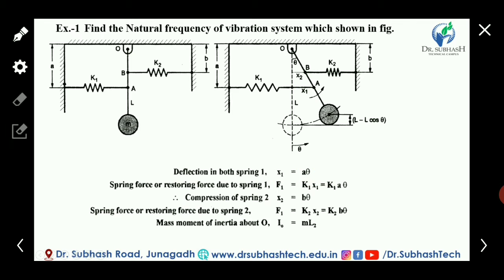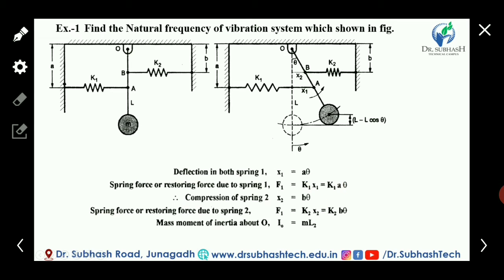Okay, now the spring force or restoring force due to spring 1. The spring force is stiffness into displacement. The displacement is how much? x1. So the stiffness of the spring is k1 and the displacement is x1, and x1 in the form of theta is a theta, so k1 a theta.